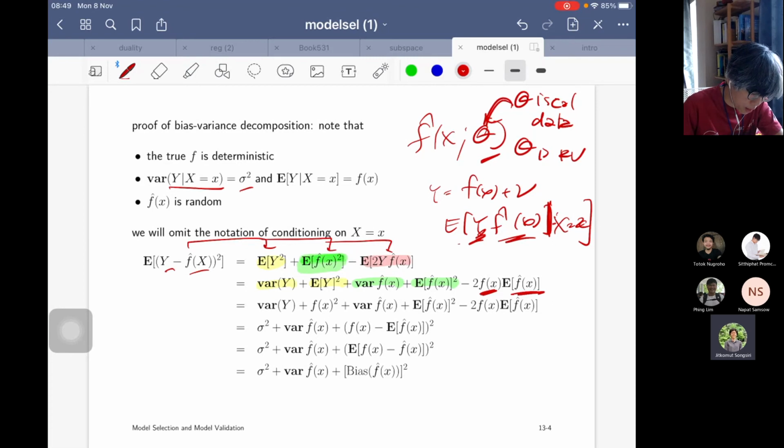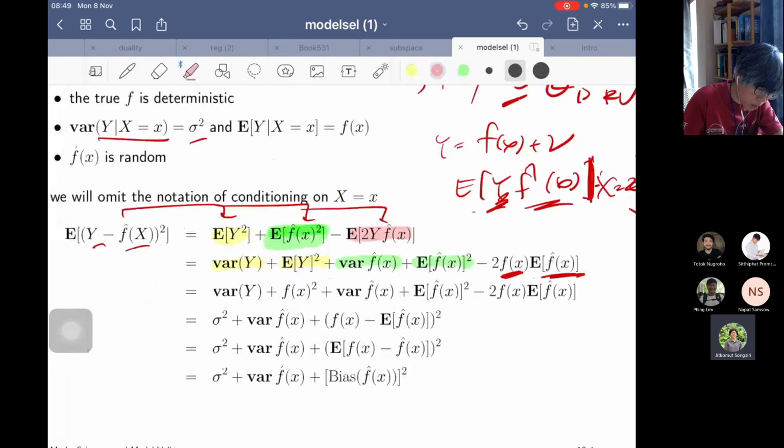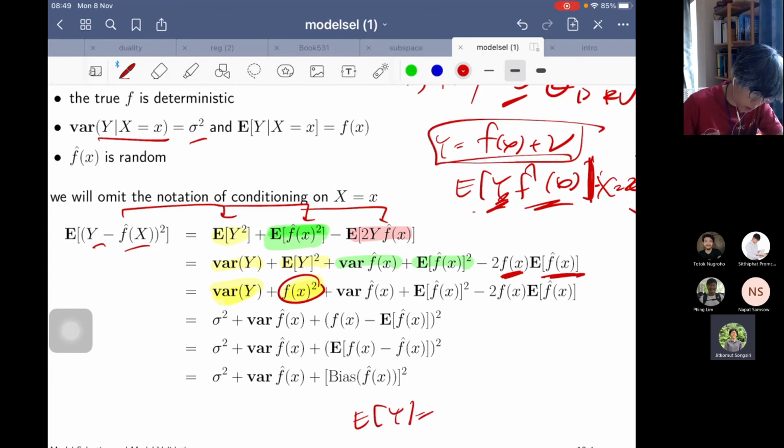Next is the yellow term, the expectation of y squared. Since f is deterministic, E of y is f(x), as the noise has zero mean.